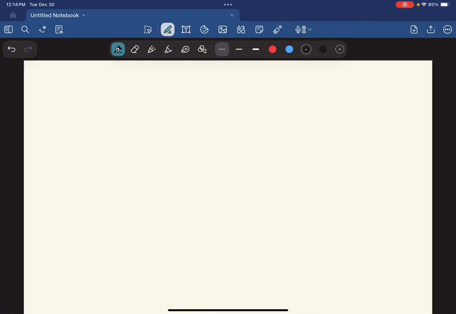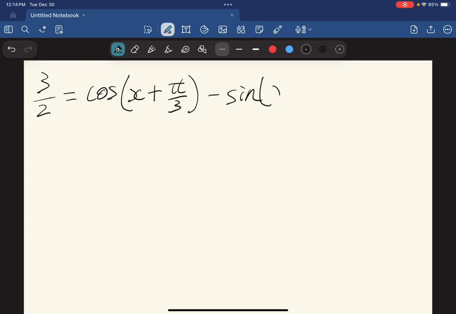So it asks you to find, when the outputs are 3 over 2, the inputs. That just means find x, right? So that's cosine of x plus pi over 3 minus sine of x plus pi over 6.